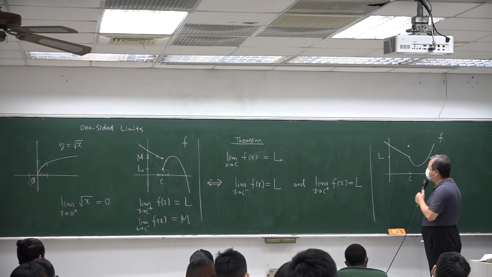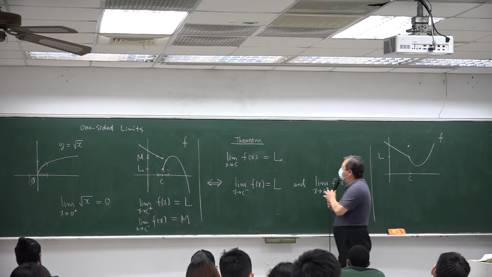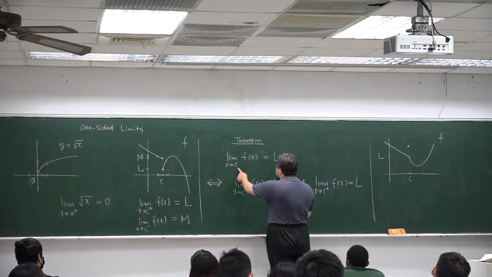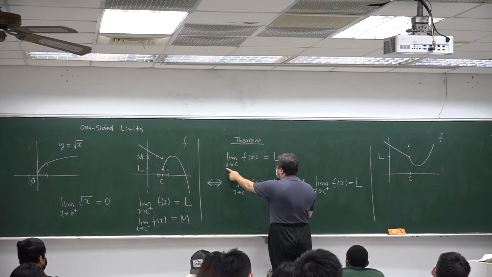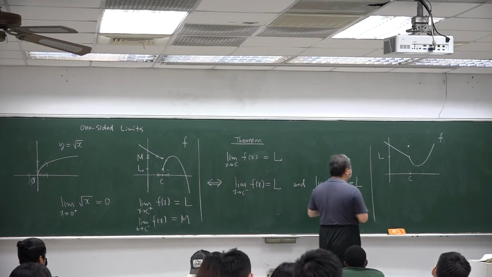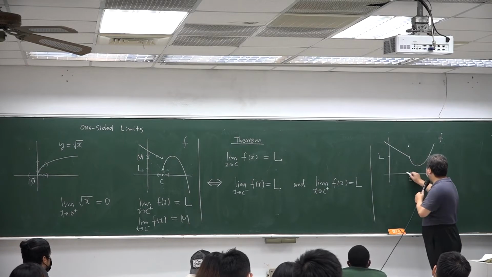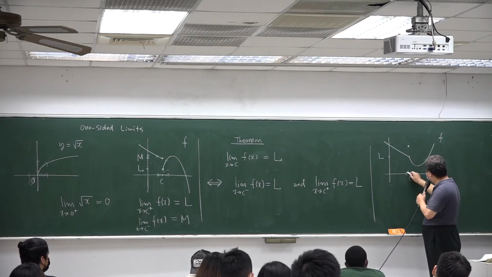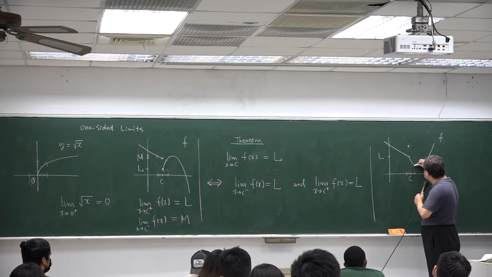In this case, obviously, the limit of f of x as x approaches C is L. If we consider some neighborhood of C, then the values of f on this neighborhood go from here to here.